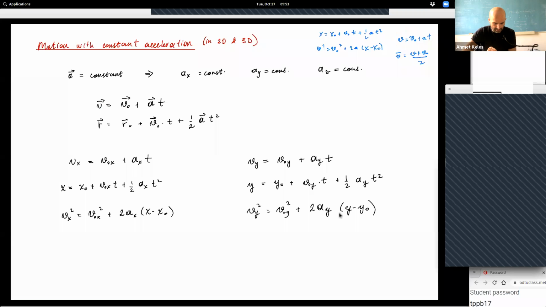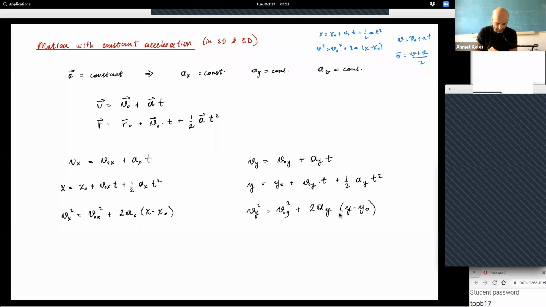The v vector is equal to the v naught vector plus the a vector times t. And you take this and convert it to vectors. Then the position vector r is r naught plus v naught t plus 1/2 a t squared. For this one, it's a little bit more complicated. You have to do it component by component.